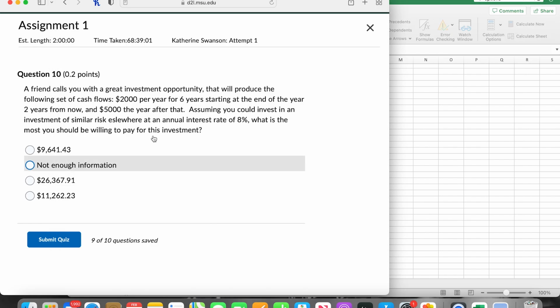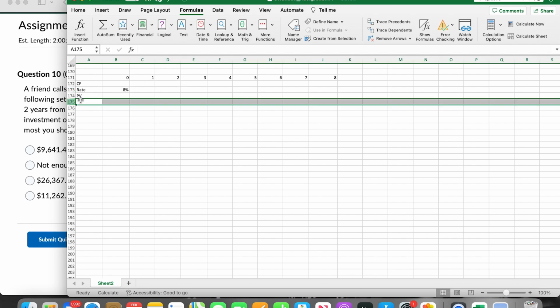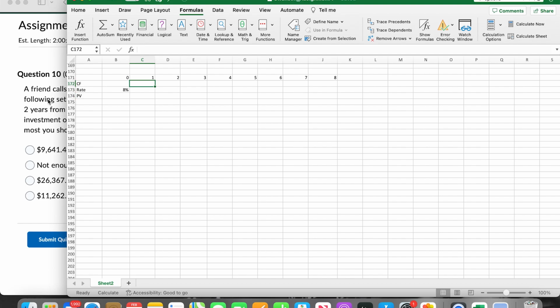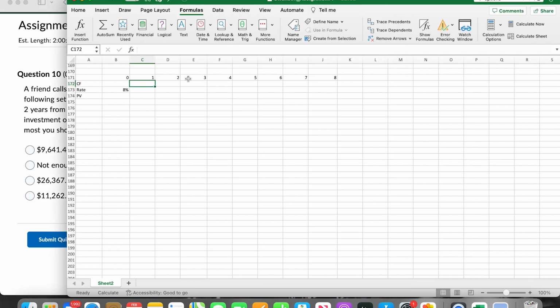Because it's saying, assume you can invest in an investment of similar risk elsewhere at an annual interest rate of 8%. So you're comparing it, saying, if we put this one at 8% as well, then what should I be willing to pay for this investment compared to a different one? So year 1, you're not going to make anything.